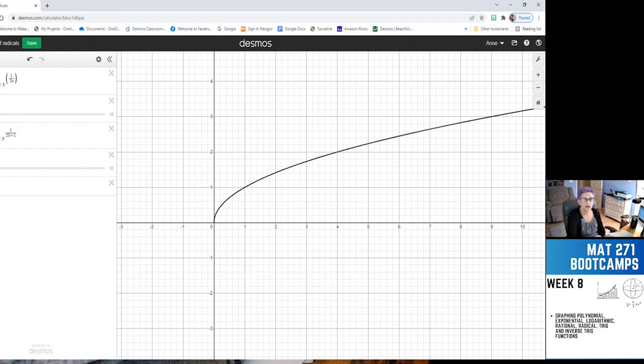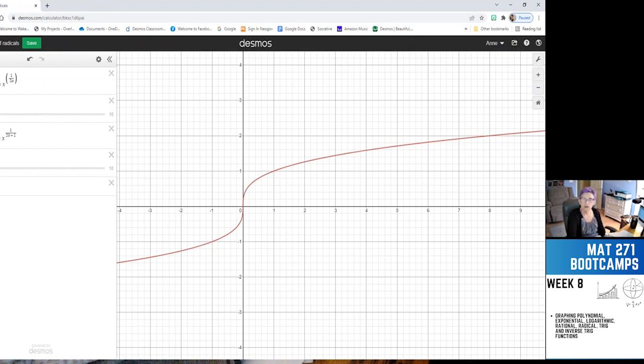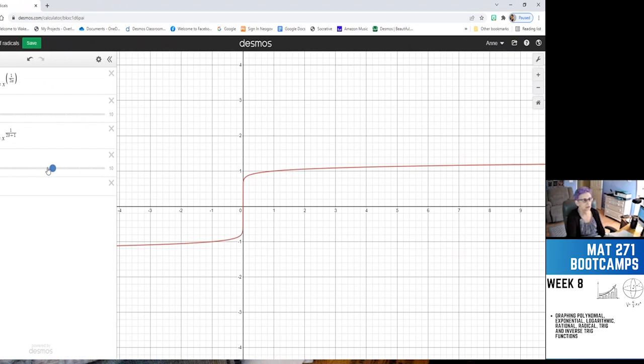If you have an odd index, then it just looks like that cubic function flipped around the identity line. So there's x to the 1/3, x to the 1/5, and you can see again it just gets flatter and flatter, but it always keeps that little S shape.